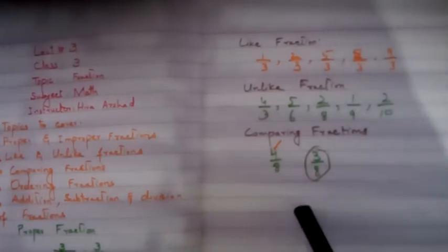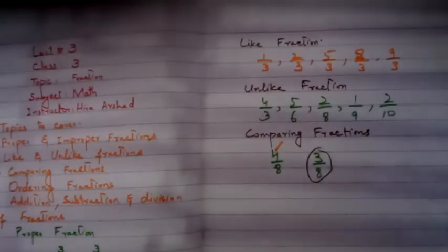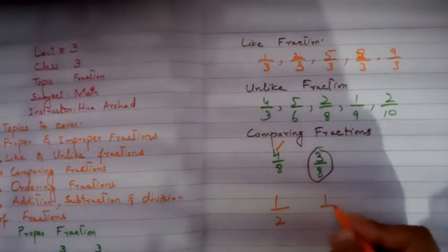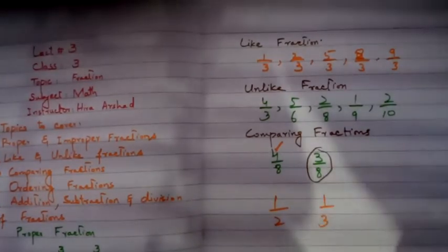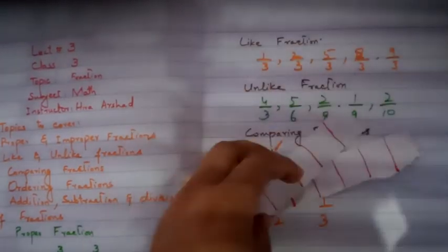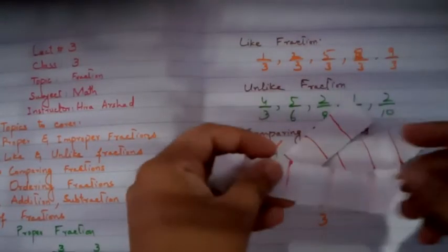If the denominators are not the same, how can we compare which fraction is lesser or greater? Suppose I have fractions 1 by 2 and 1 by 3. It is similar to that. I have divided the paper into pieces.